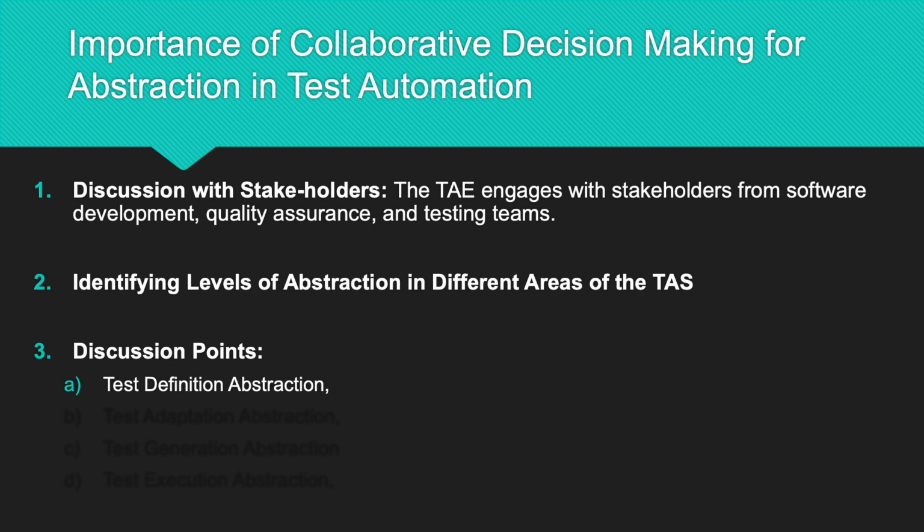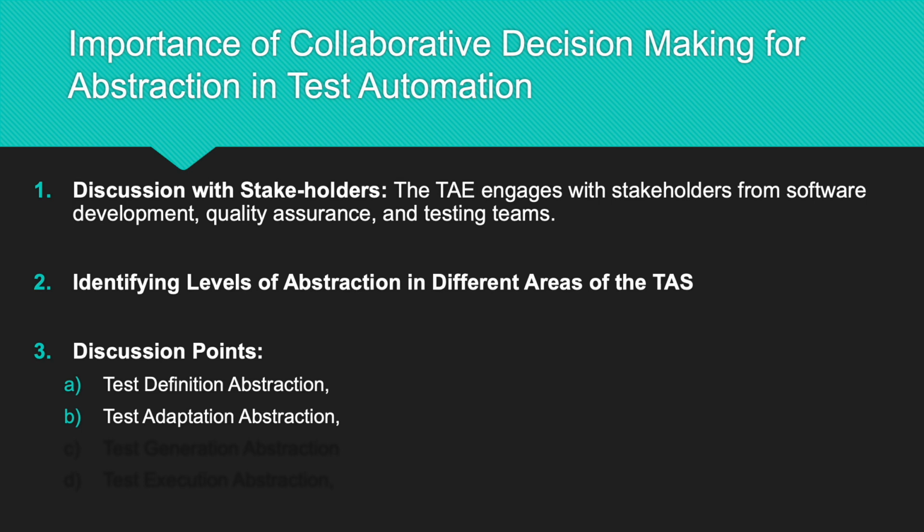For instance, instead of specifying click on add to cart button, we define a test case abstractly as verify the ability to add items to the shopping cart. This abstraction allows for easier maintenance and scalability of test cases as the website evolves.